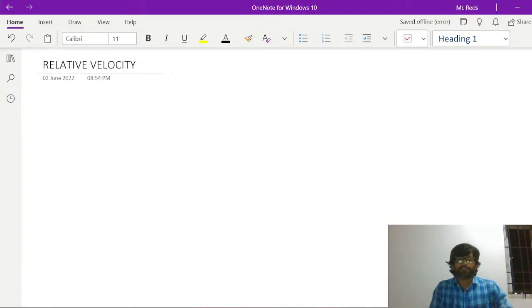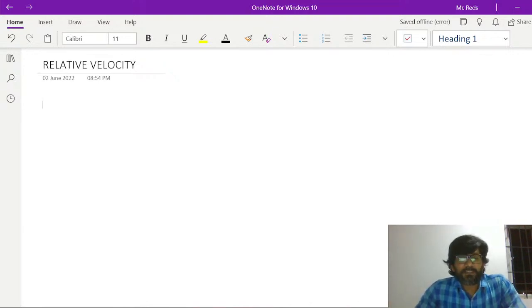So first of all, what is relative velocity? Relative velocity of a moving body is nothing but the velocity of that body with respect to some other body, which may be in motion or may be at rest, or you can say with respect to a frame.